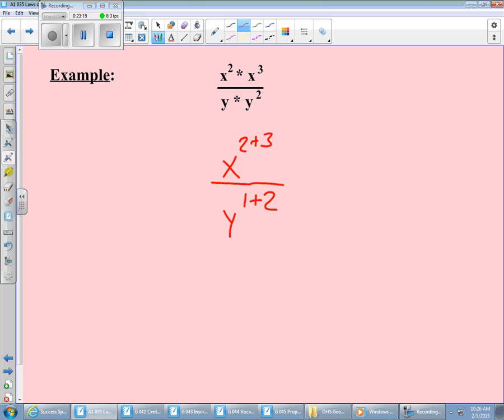And very easily, you can see that in the numerator, 2 plus 3 is 5, and 1 plus 2 is 3. This x and this y will never combine. They're never going to join together to make some other thing or anything like that. We've got all the x's in one place. We've got all the y's in one place. We have no negative exponents or anything like that. Our problem is done. That's all that it takes.